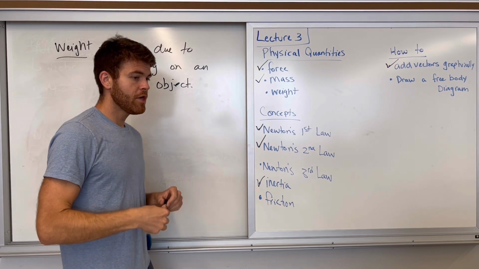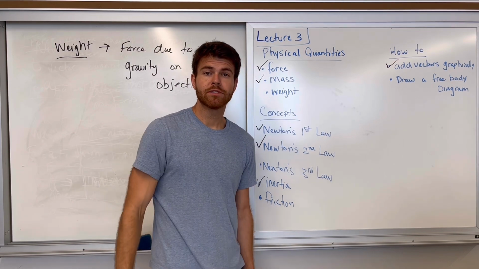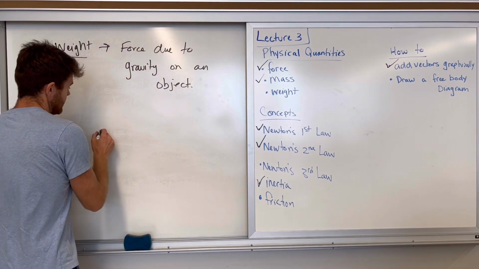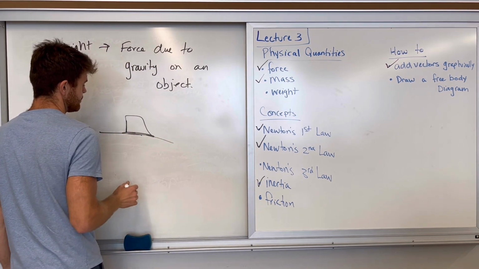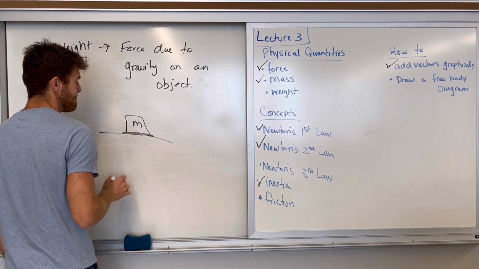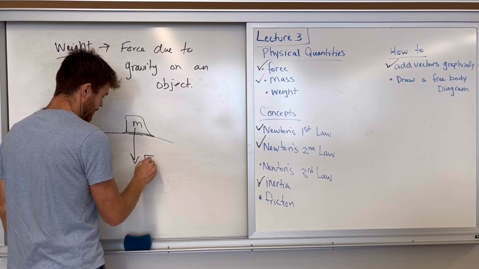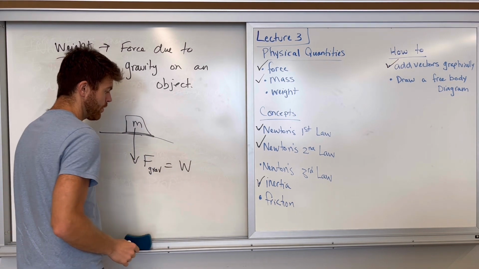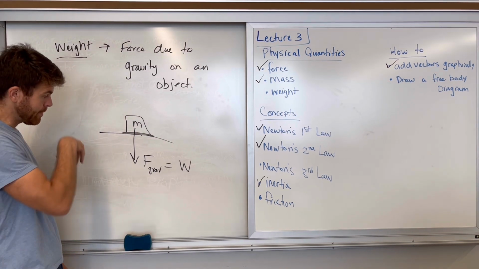So an object's weight is the force due to gravity acting on an object. That's its weight. So if we have an object, say, sitting on a scale, it has a mass m. What is its weight? Well, the weight is the force due to gravity acting on it, which we can just call its weight. Maybe we just use W, capital W.